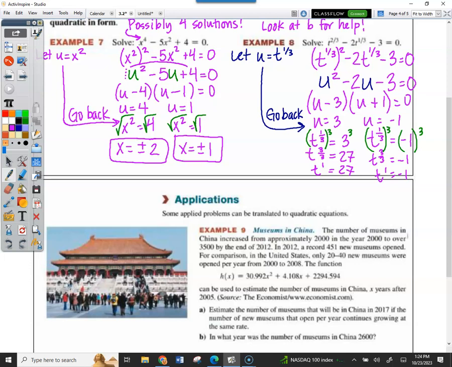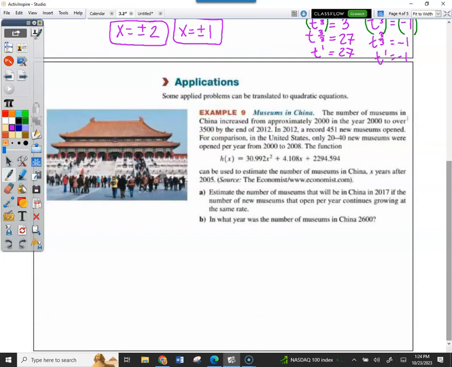All right. Word problems. Everybody's favorite. Go to the next slide. We're talking about the museums in China. The number of museums in China increased from approximately 2,000 in the year 2000 to over 3,500 by the end of 2012.